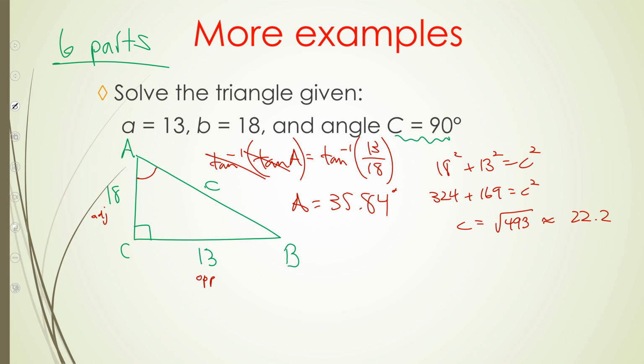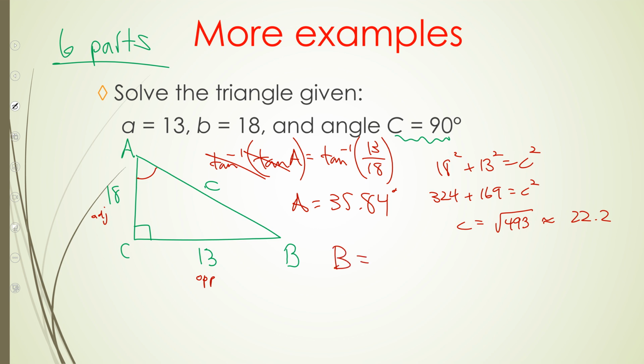Now, did you have to do that? No. Jenna chose to use angle A. Maybe you used angle B. Tangent of angle B would be 18 over 13. You'd get a different value because it's a different angle. Okay, how am I going to find angle B? Well, I'm going to work smarter, not harder.